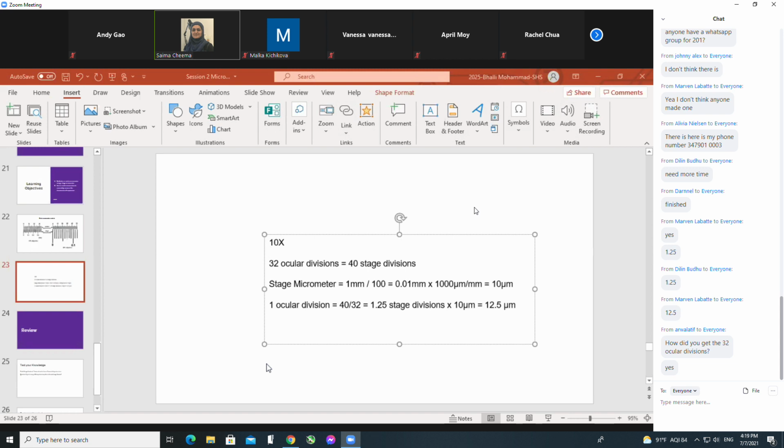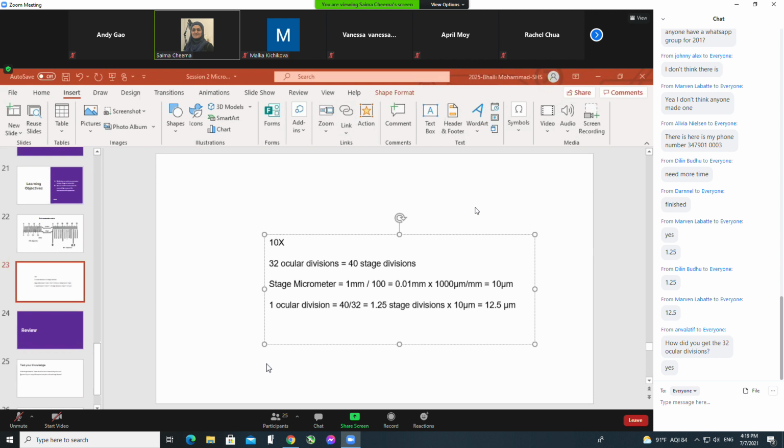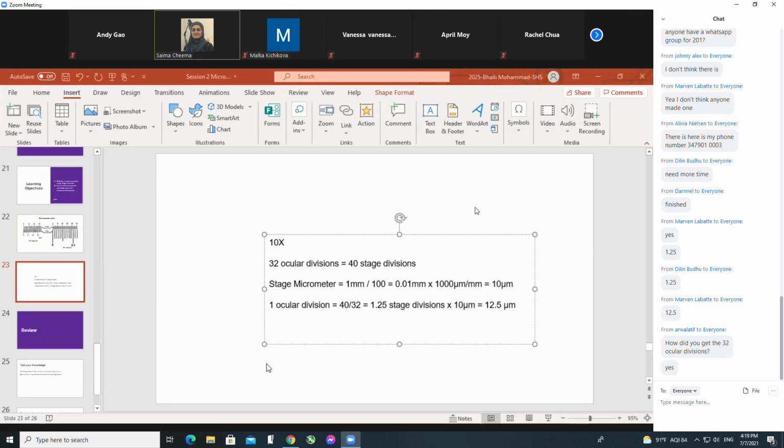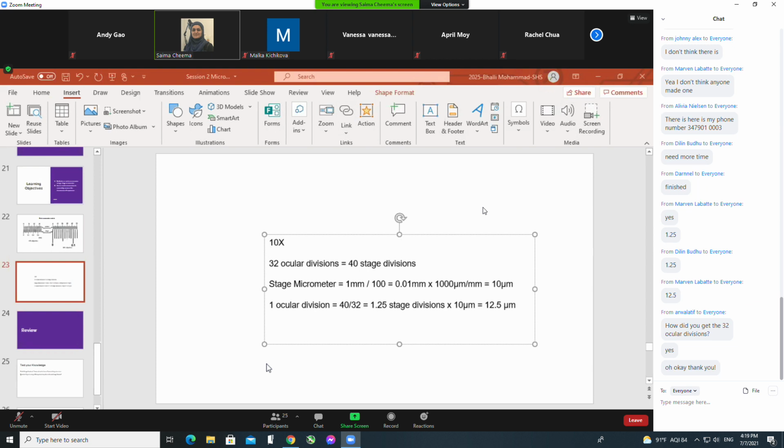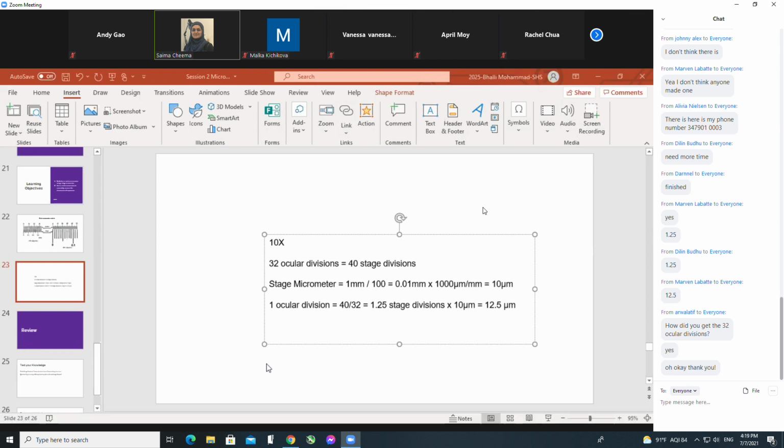So for every unit you have 4 divisions. You're going to count all of them, not just the biggest lines: small, medium, long, all of them. Just like we did for the 100 on the stage ruler, okay? All right.